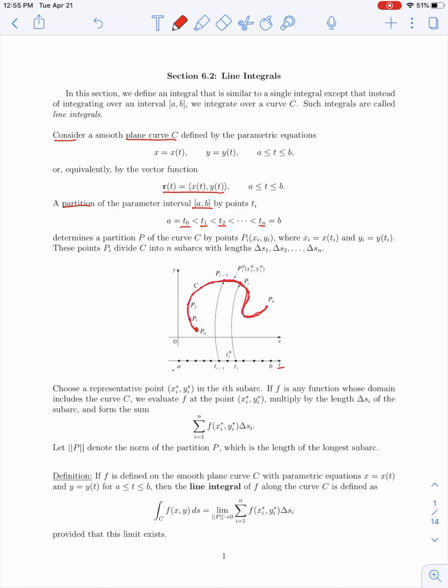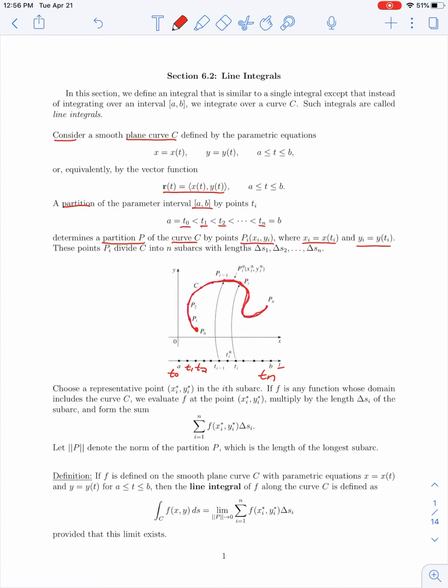So here, if we choose a as t0, and then t1, t2, and these different parameter values up through tn as a partition of my interval from a to b, this would determine a partition, let's call it capital P, of the curve C by points which we will denote as P sub i, which has components xi, yi, where xi is the value of x at the parameter value ti, and yi is the value of y at the parameter value t sub i.